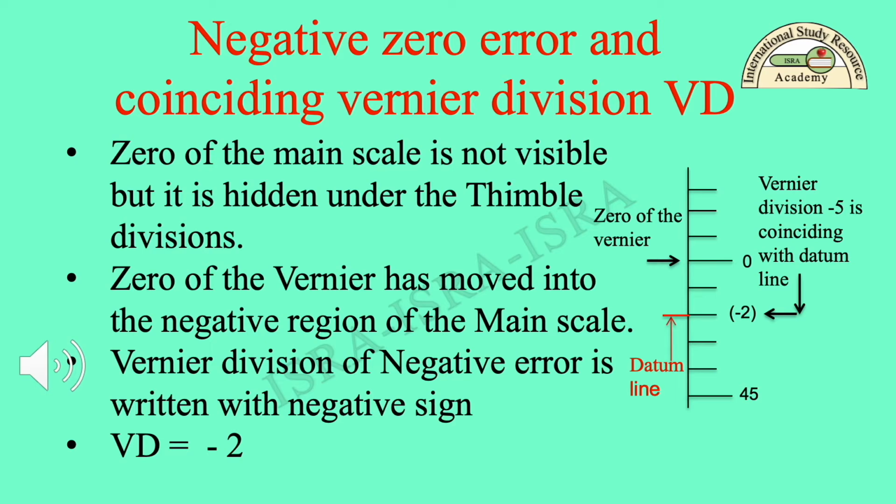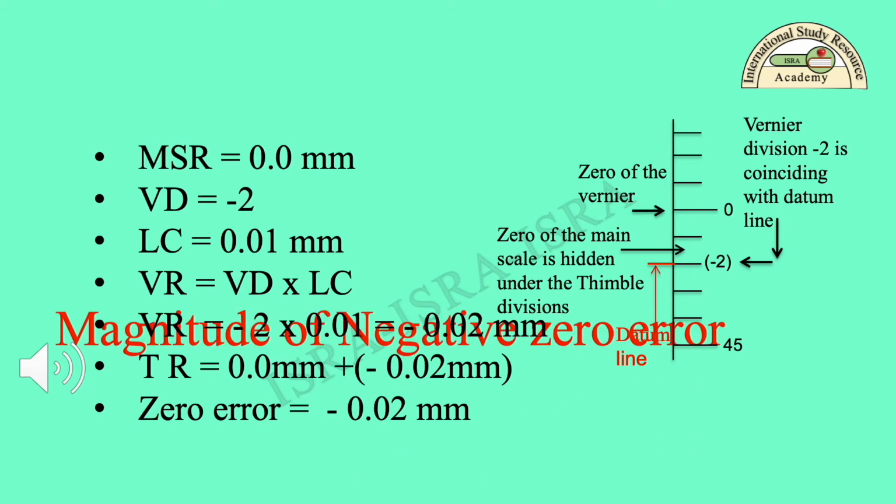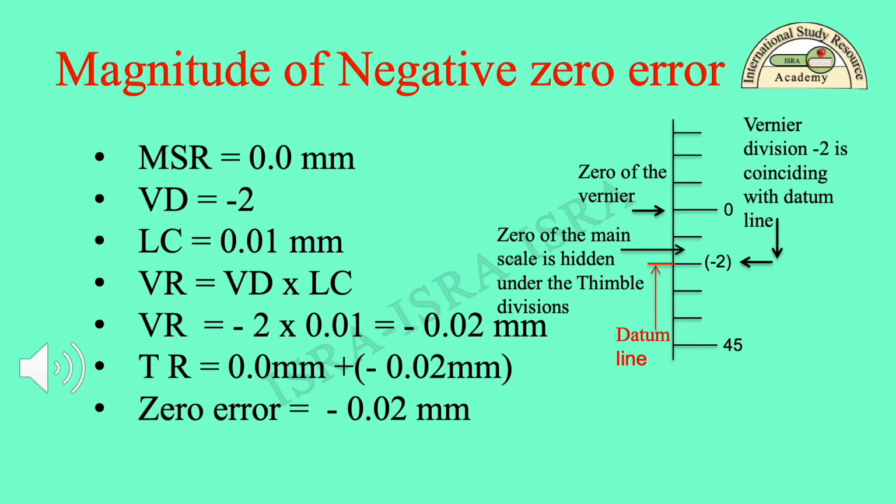Now you will learn a process to find the magnitude of this error. Magnitude of negative zero error. Look at the diagram. Main scale reading MSR is equal to 0.0 mm. Vernier division VD is equal to -2. Least count LC is equal to 0.01 mm. Vernier reading VR is equal to VD times LC.